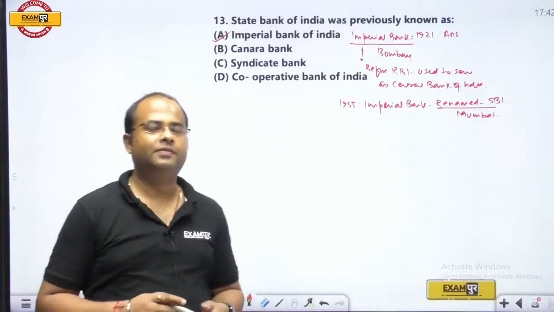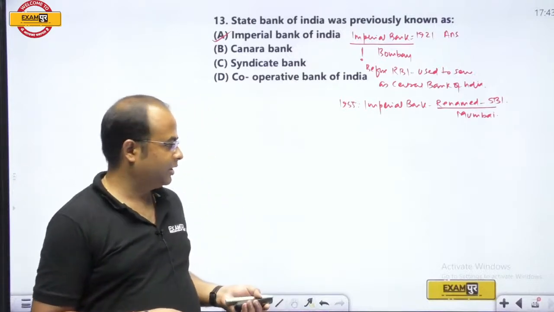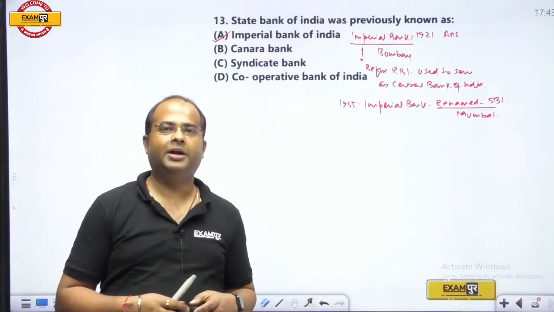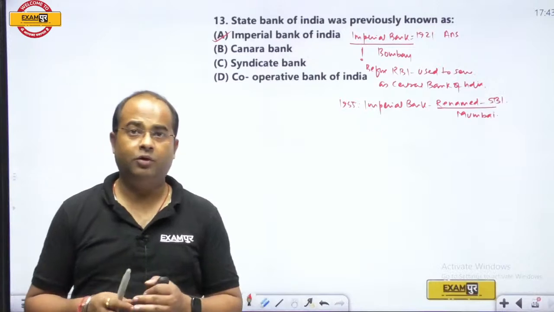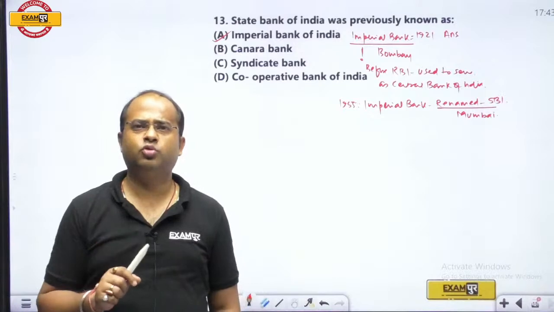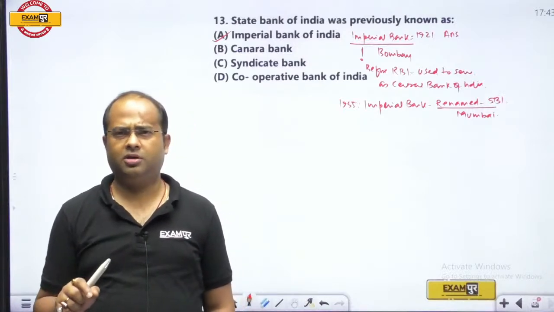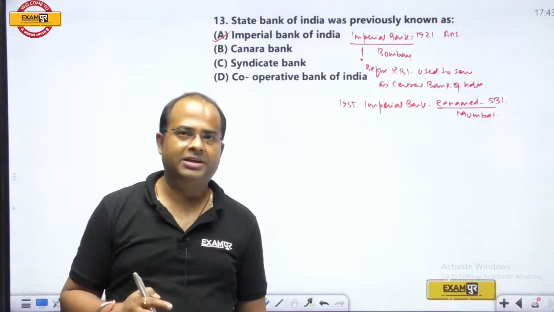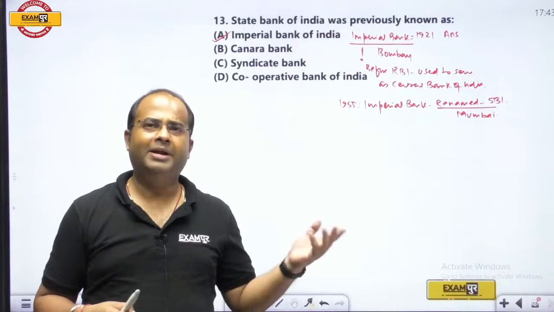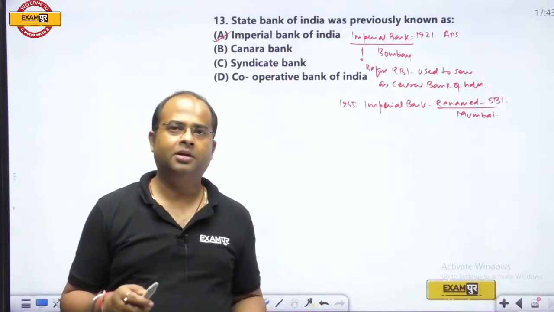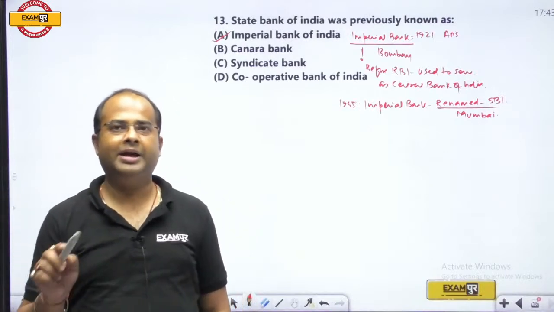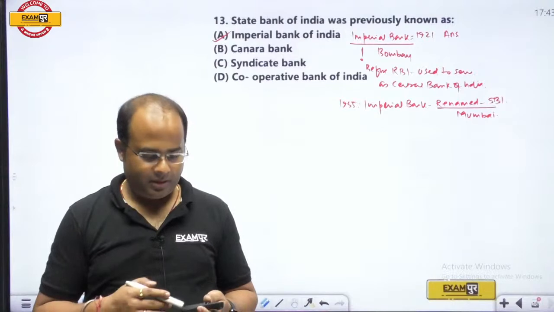Students, with this we come to the end of today's session, and I guess the maximum students were committing mistakes in smaller questions, although once it comes to national income, we have discussed almost the whole concept. Through the SBI Act in 1955, Imperial Bank was renamed as SBI.